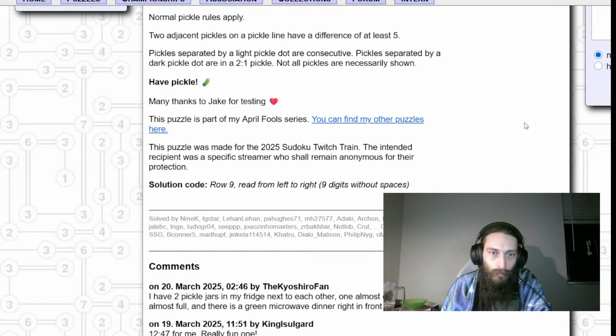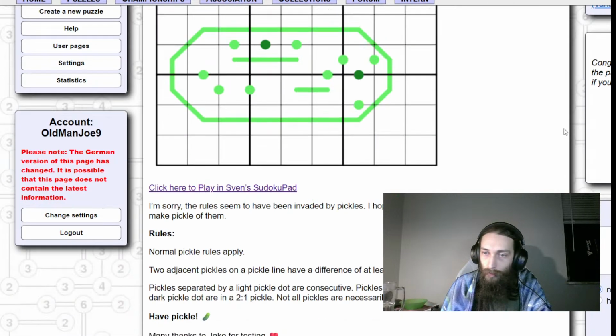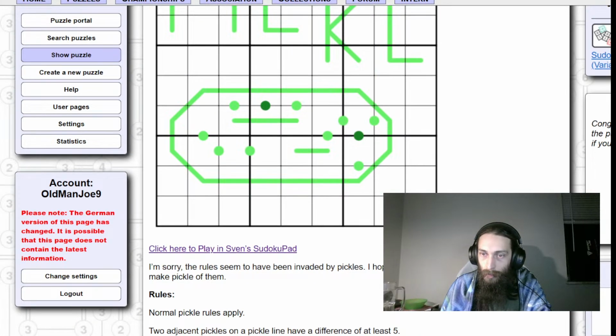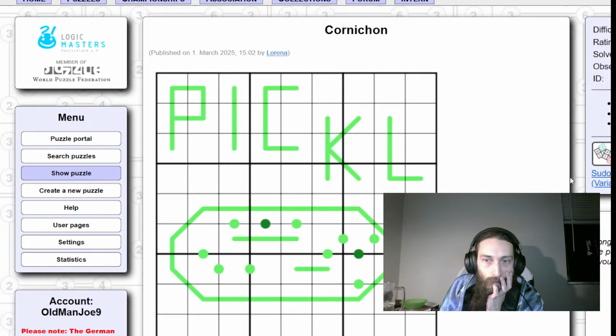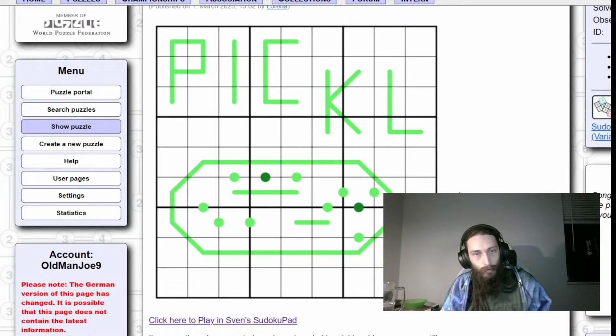Apparently this is an April Fool's puzzle, although it was published on March 1st this year. Yeah, very nice. I think it was very easy, as long as you're familiar with German whispers and how those affect kropki dots and such.